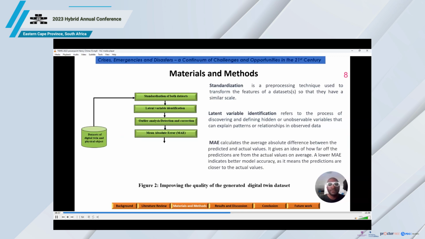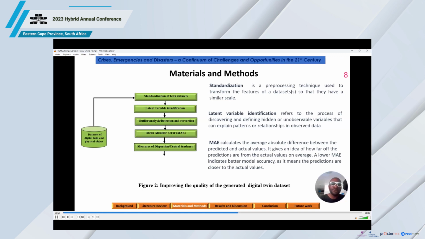Then the mean absolute error is also applied on the variable pairs of the data sets to see the difference between the predicted and the observed values. Subsequently, measures of central tendency and dispersion are calculated.